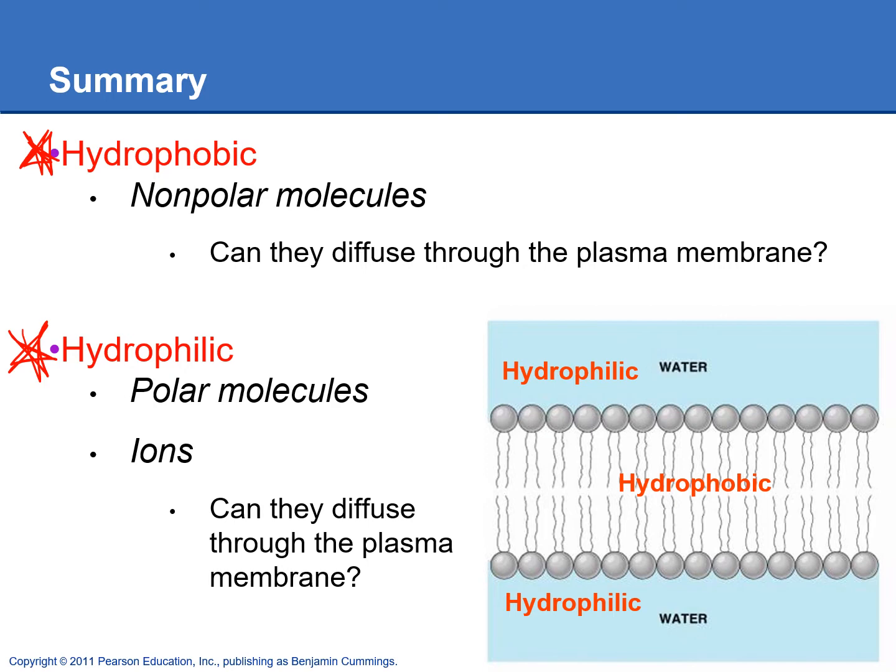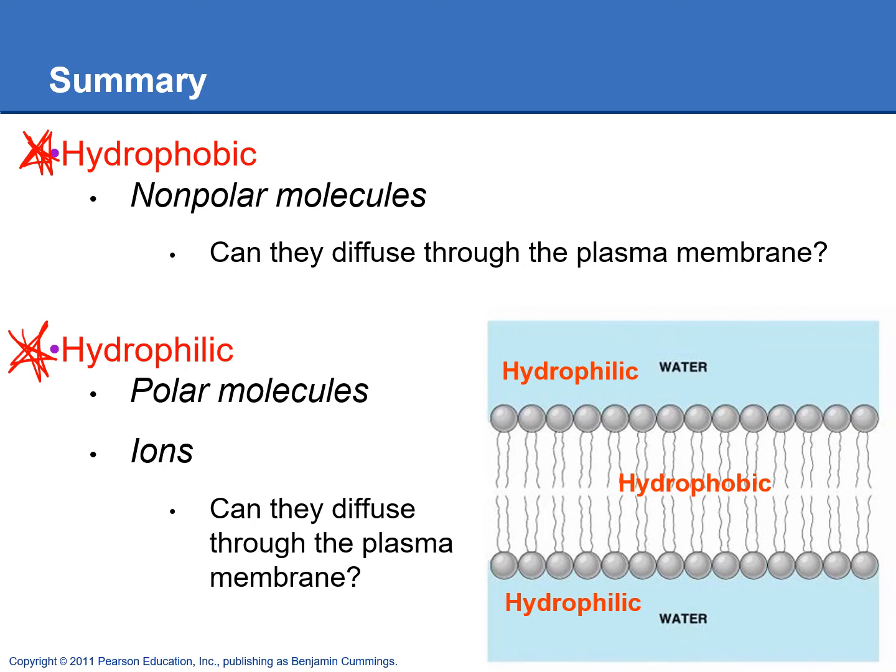Nonpolar molecules, atoms that are sharing their electrons equally, so they have no partial charges, no full charges, nothing, are going to be hydrophobic. Examples of nonpolar molecules would be things like oxygen, carbon dioxide, any of your lipids. They're all going to be nonpolar.